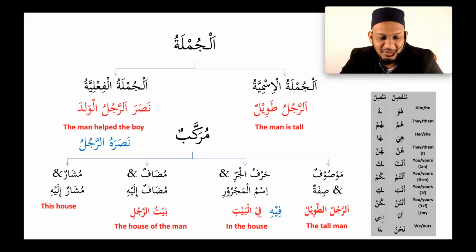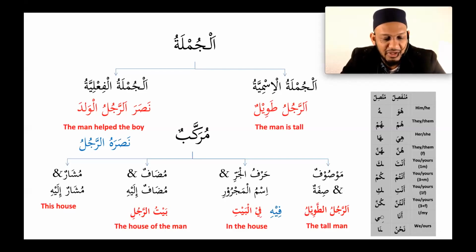What does the harful jar make the next word? Good, ismul majroor. The harful jar makes the next word jar. So whenever it's attached to a harful jar, it becomes the ismul majroor. If it's fihim, the him is ismul majroor. If it's fihi, the hi is ismul majroor. If it's fina, the na is ismul majroor.